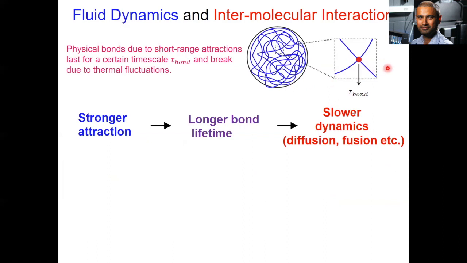For example, if you think about this polymer network at a given point, suppose there is this interaction happening, we can easily think about this interaction in terms of the energy. So if you have stronger interaction, the lifetime of this bonding, which is a physical bond, would be higher, suggesting that if we have a collective motion that could be reflected by this type of interaction energies, and if you have attractive interaction of higher orders, you might have slower dynamics, and that could be reflected in diffusion and droplet fusion and so on.